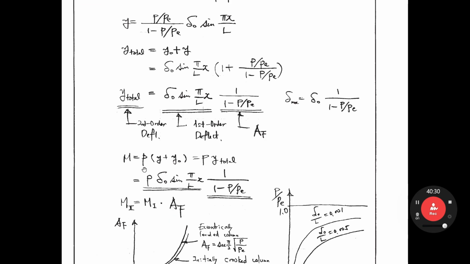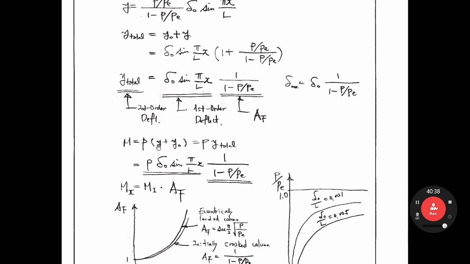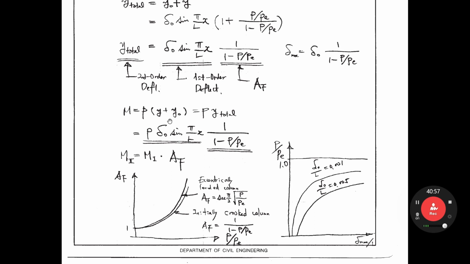That is the moment: P times y plus y0. What is that? y total. What is y total? This is y total. P times delta sine, like that. This is the first order moment, the deformation times P. Then the amplification factor here makes this one the second order moment.